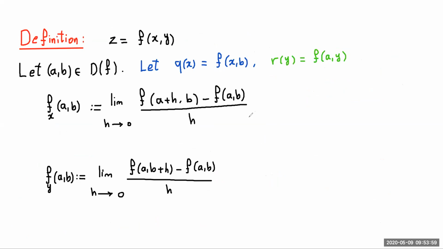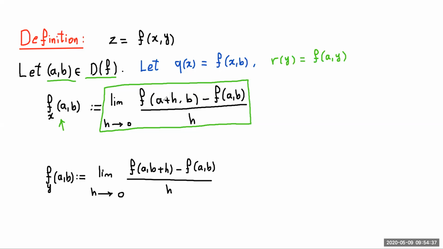Now let's see the general definition of the partial derivative of a function f(x,y) at a given point in the domain. If the limit given here on the right exists, this means it's a real number, then this real number will be by definition the partial derivative of the function f with respect to x at (a,b).